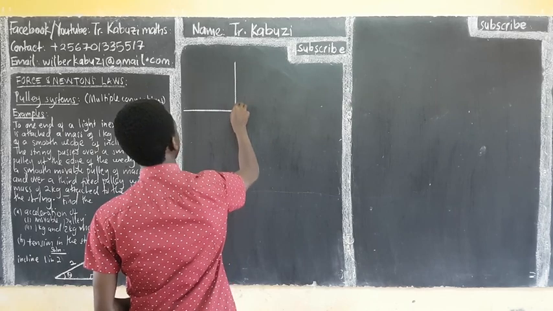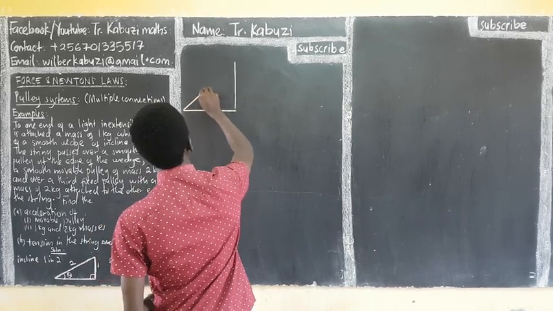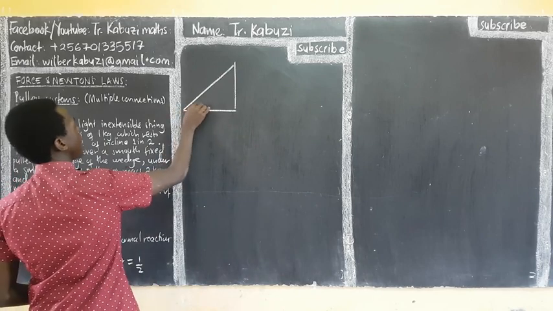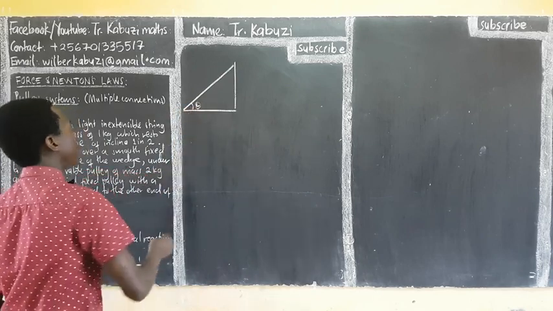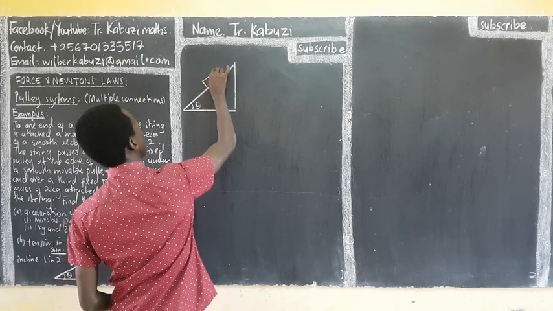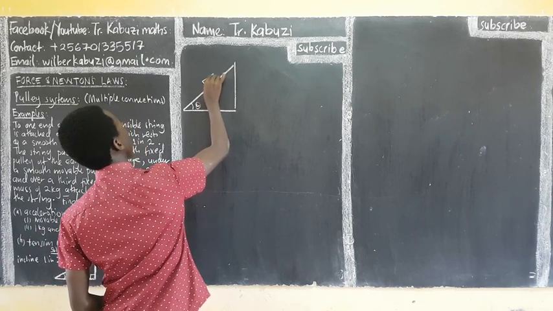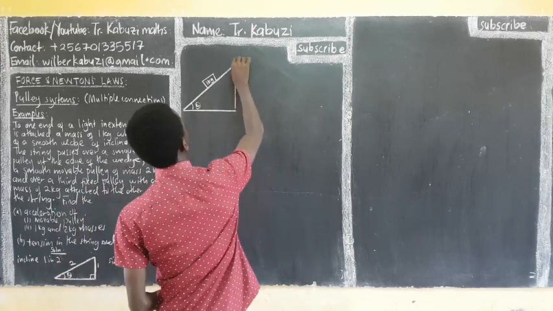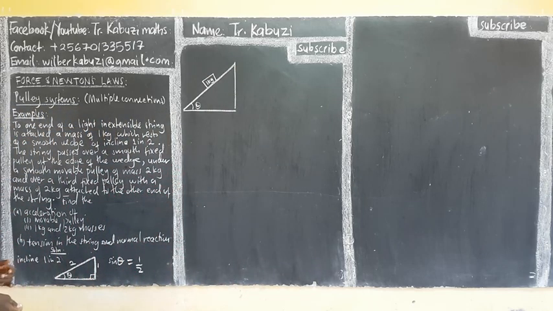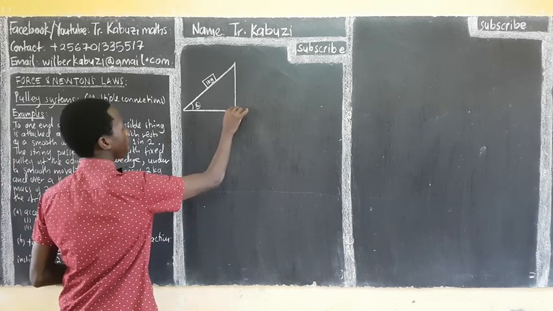Okay, this is the theta. Now they are telling me there is a mass particle. This is 1 kilogram. Okay, so that's the first thing I had. Now can we proceed?